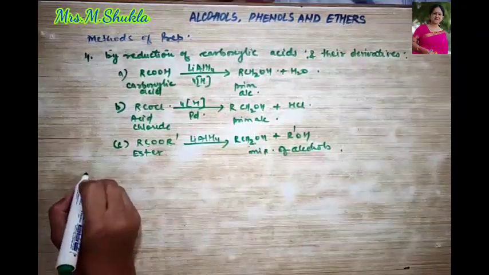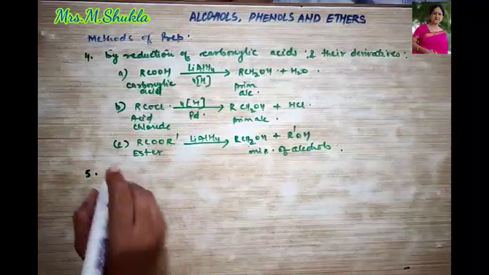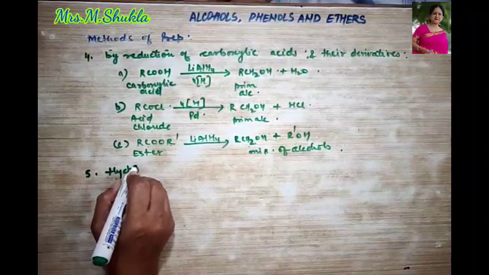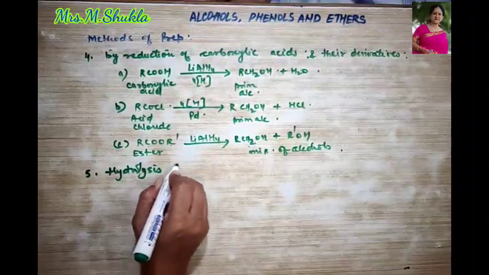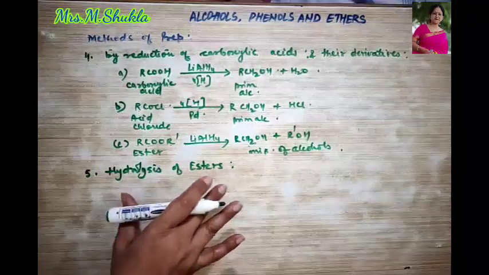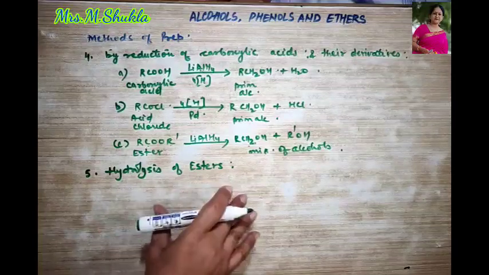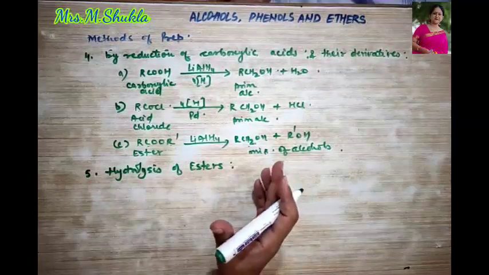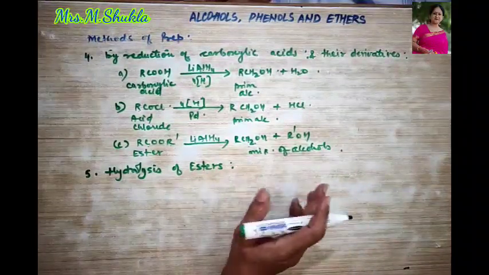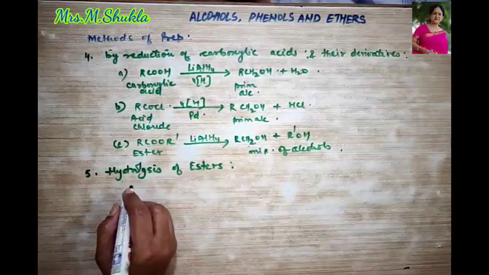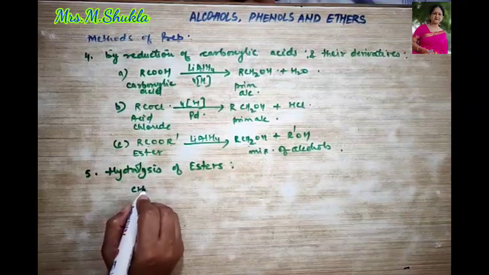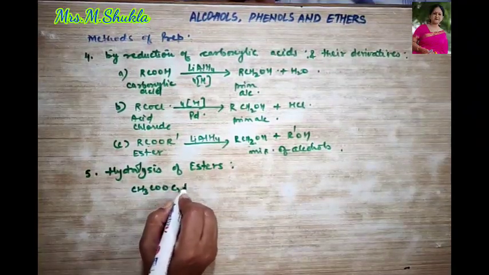Okay, now the fifth one could be hydrolysis of ester. Here it was reduction of ester, now I'm going to talk about hydrolysis of esters. When esters are refluxed with a dilute solution of an acid or maybe an alkali, they hydrolyze to give their parent alcohol, and then acid will be formed over here. So let us take an example like ethyl ethanoate, CH3COOC2H5.